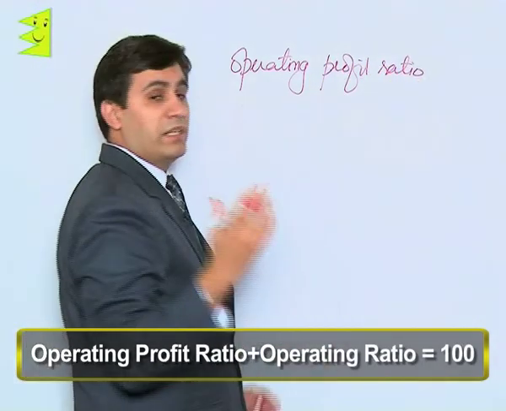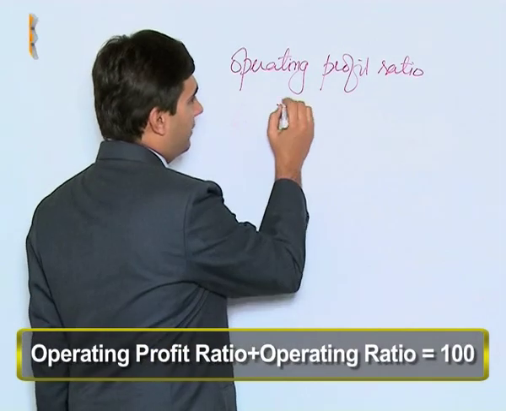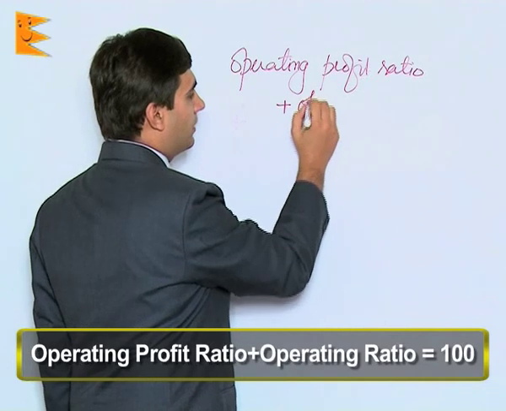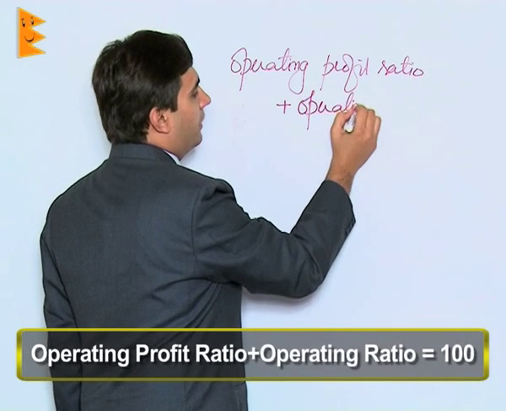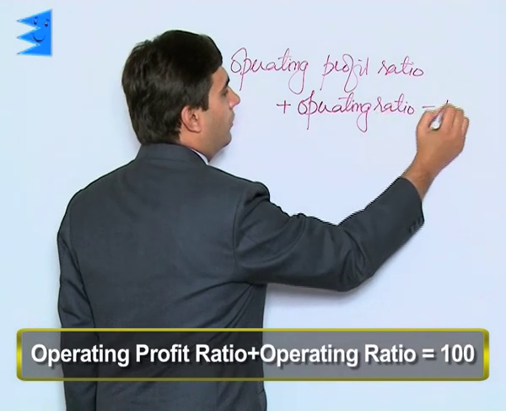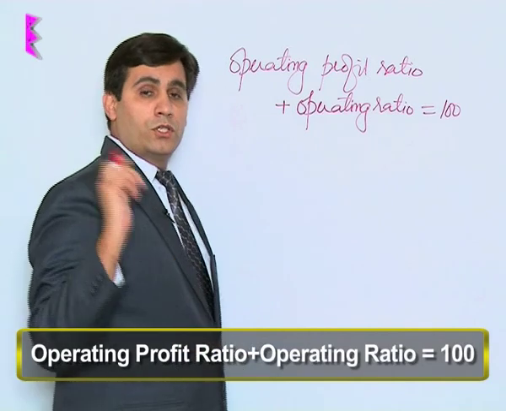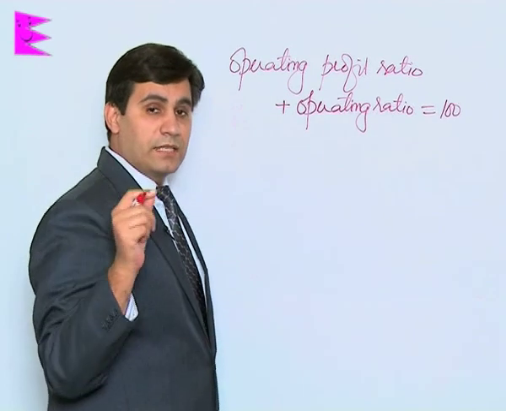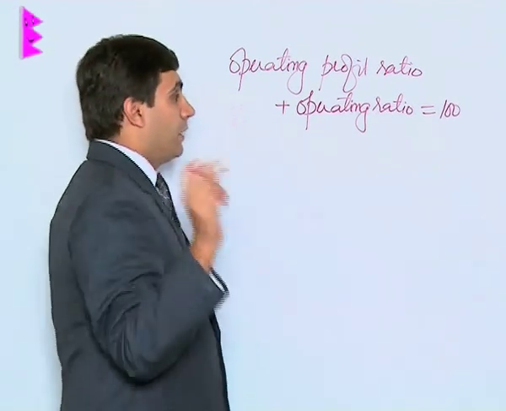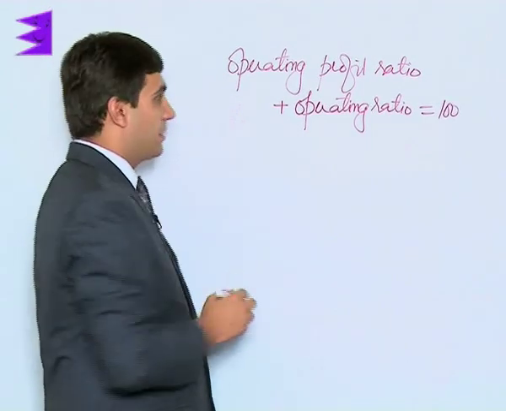And there is a simple relation between operating profit ratio and operating ratio, that is operating profit ratio plus operating ratio is always equal to 100%. So now students, let us continue with the same example. In the previous example, we had calculated operating ratio as 60%.